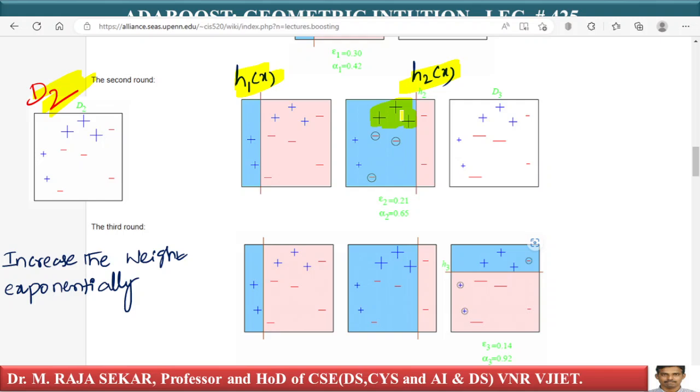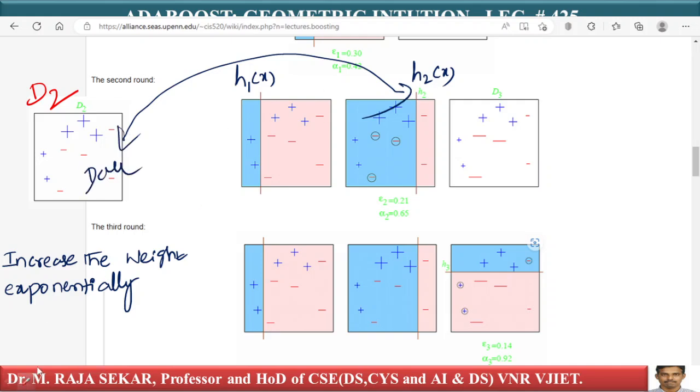So if my H2 will try to classify correctly, if my H2 is like this, it has corrected all of my oversampling points. Just see, what is the data set for this one? This D2 is the data set for H2.